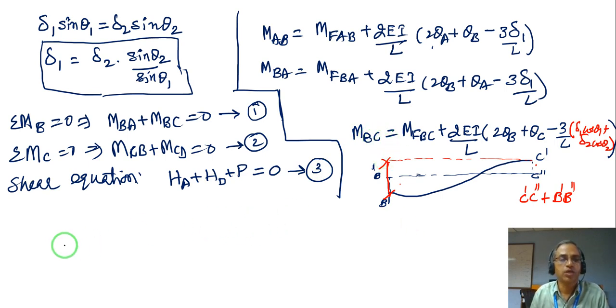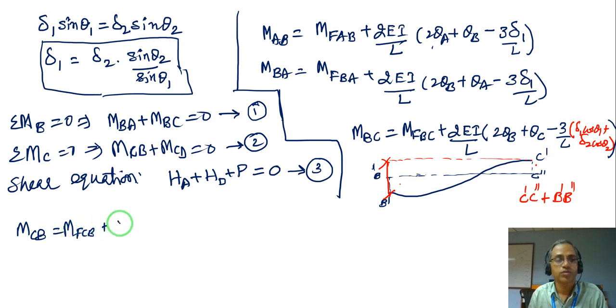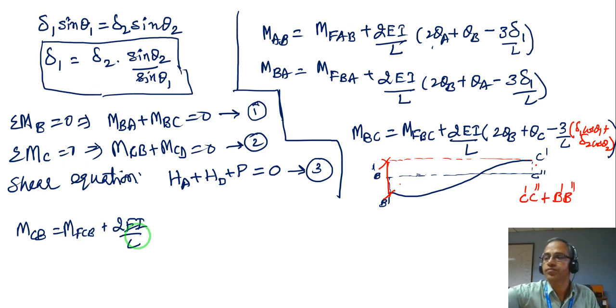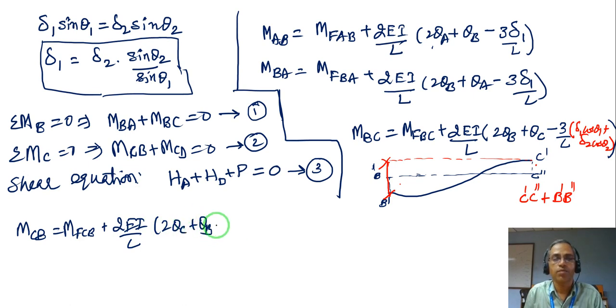Similarly, MCB is the same thing: MFCB plus 2EI by L times 2 theta C plus theta B minus 3 by L times delta 1 cos theta 1 plus delta 2 cos theta 2.